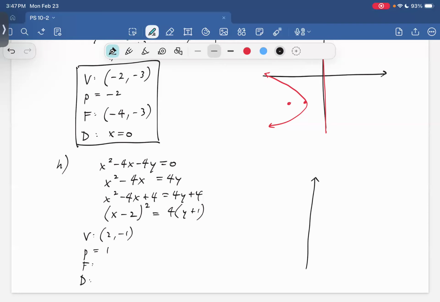And this is a parabola that opens upwards, with the vertex at 2 comma negative 1. So the focus is here, and the directrix will be there. So our focus is at 2 comma 0. The directrix is y equals negative 2.